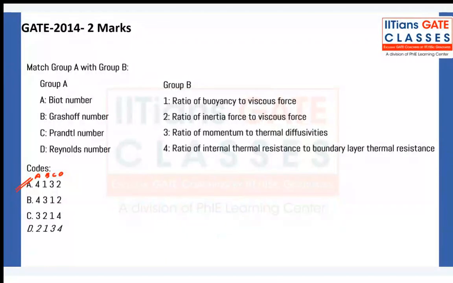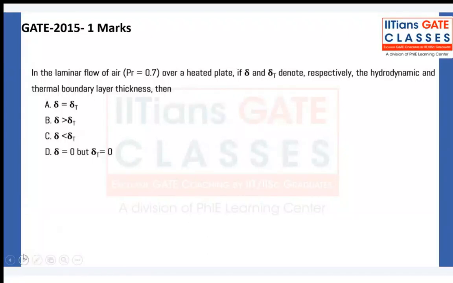Let's move on. In a laminar flow, when Prandtl number is 0.7 over a heated plate, delta and delta T denote respectively the hydrodynamic and thermal boundary layers. Tell me very quickly what is the right answer. Prandtl number is given by, what? C is the right answer. Very nice.